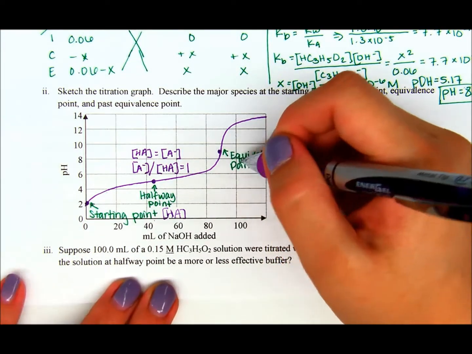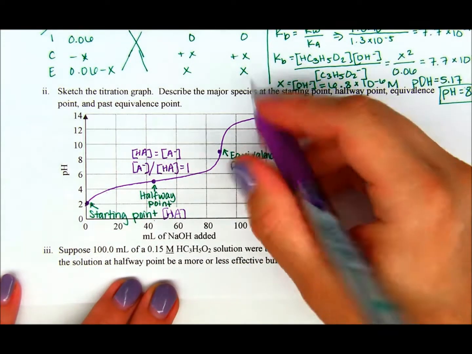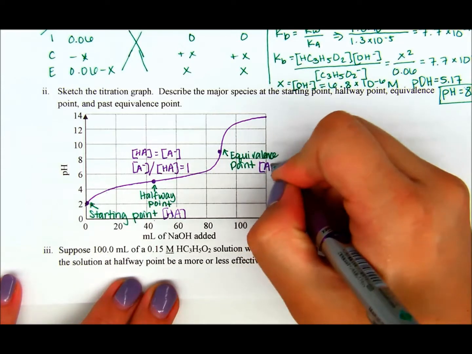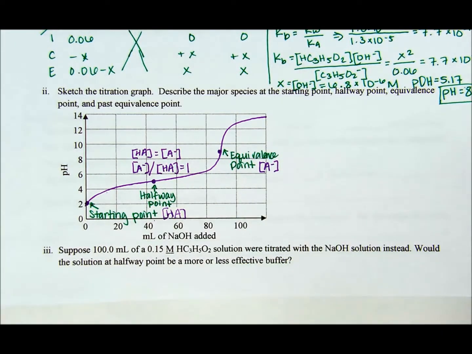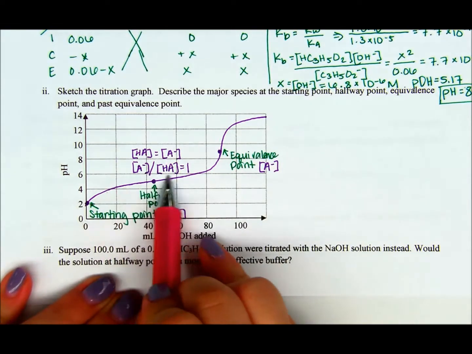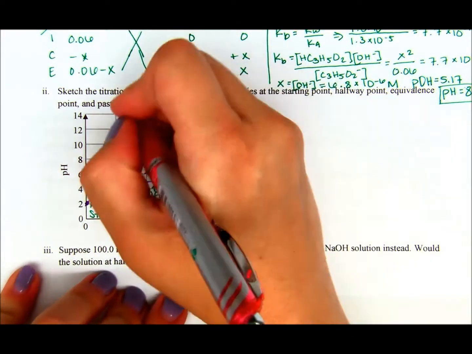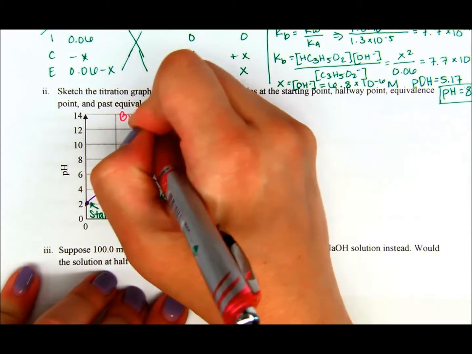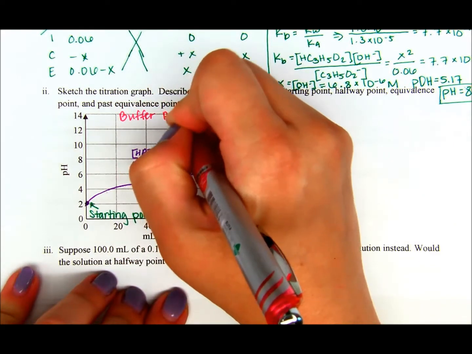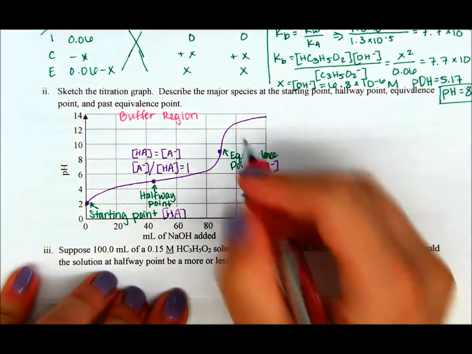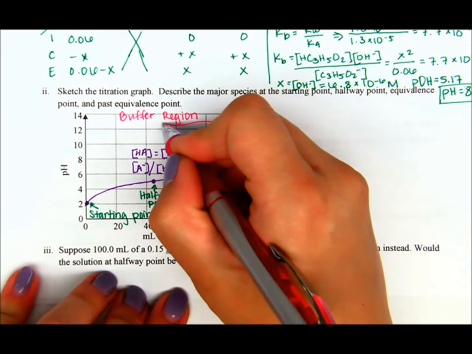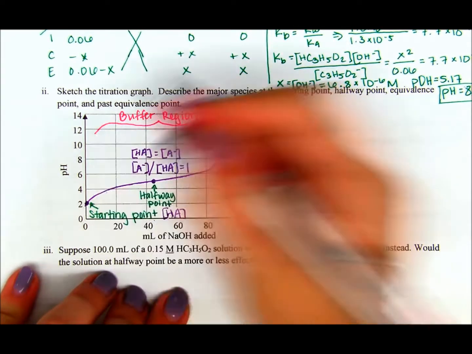At your equivalence point, you've used up all of your acid, and now the only thing that's going to be left in solution is your concentration of your conjugate base, or the opposite of whatever you were titrating. Now, the region that we're really interested in here is this region, this flat area. This is called the buffer region. And this is where a buffer exists, in this nice flat zone here.